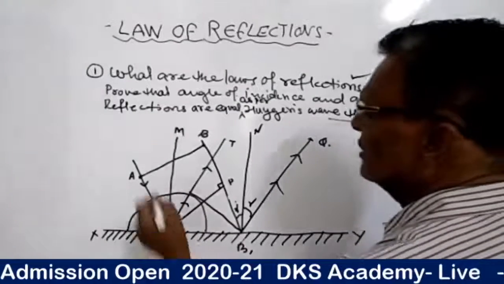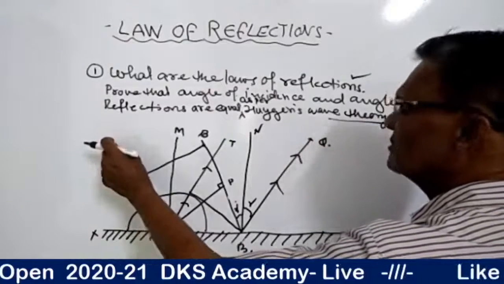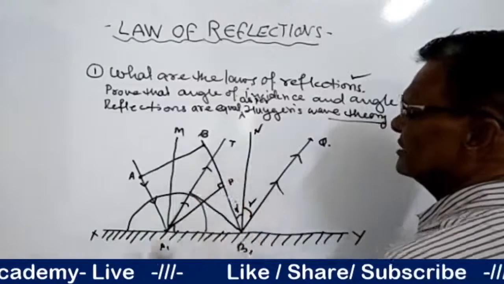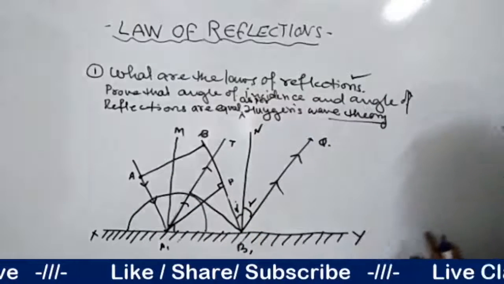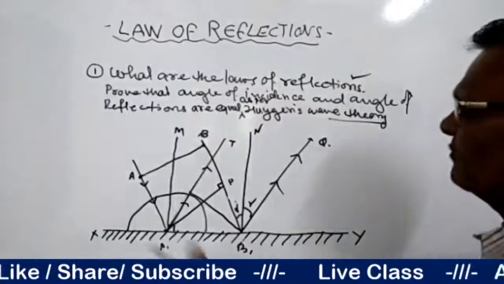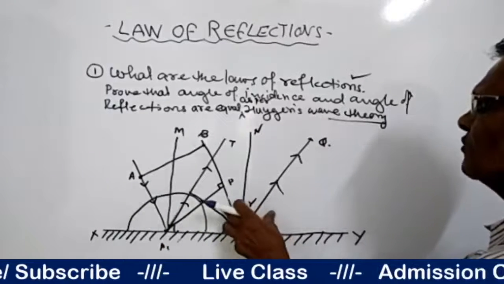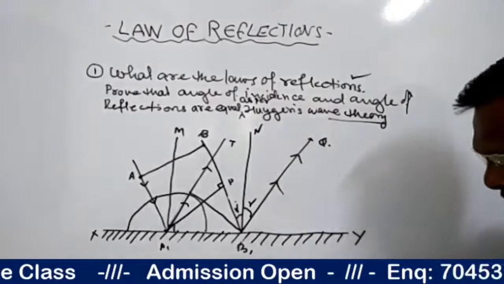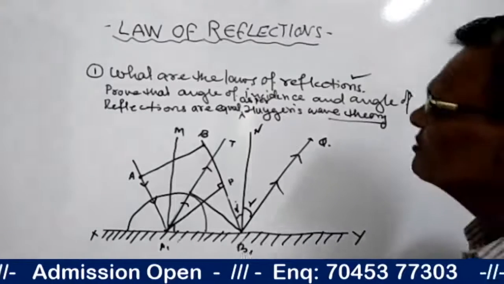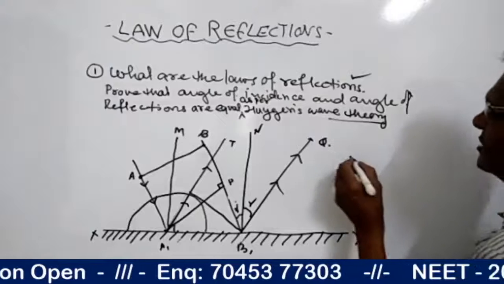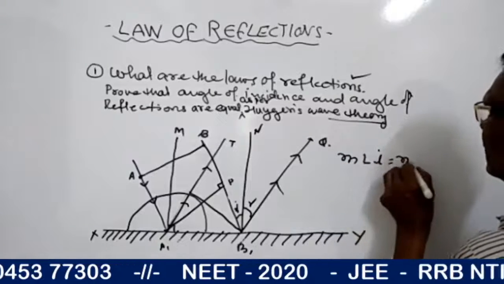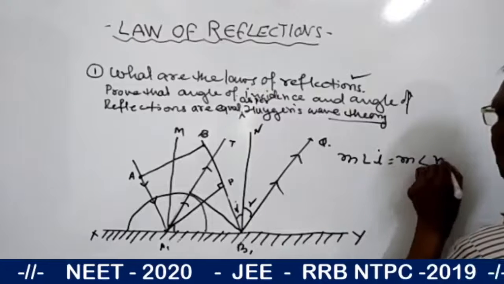Firstly we are considering primary rays or primary waves. After that we are regenerating secondary waves, and we are getting that angle of reflection here and here. In both ways they are equal, the magnitude is the same. So this is the diagram for proving the laws of reflection: measure of angle I equal to measure of angle R.